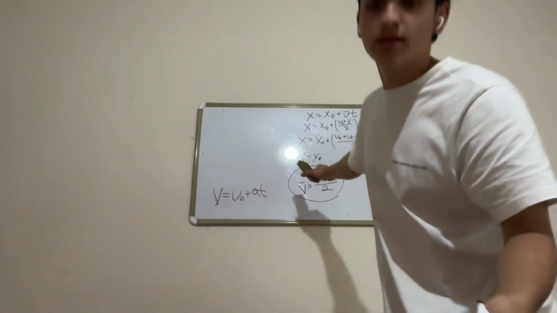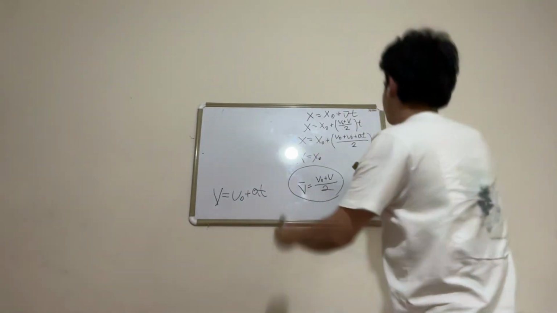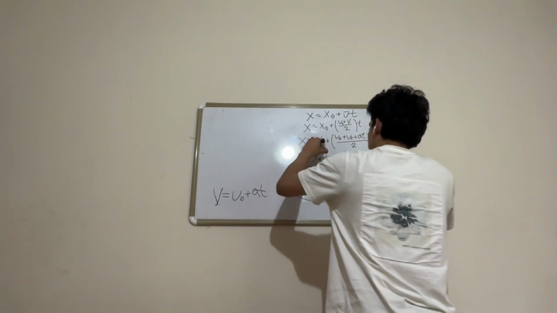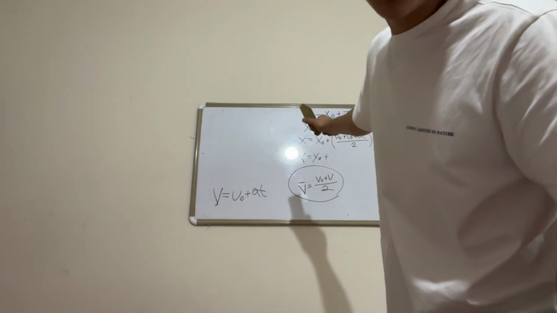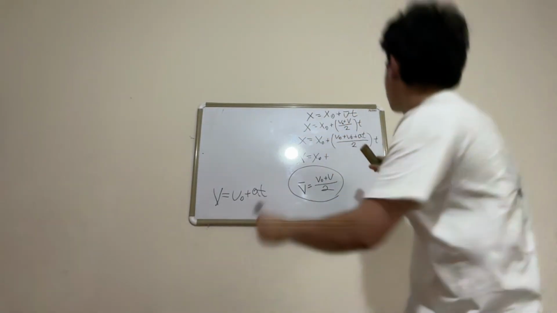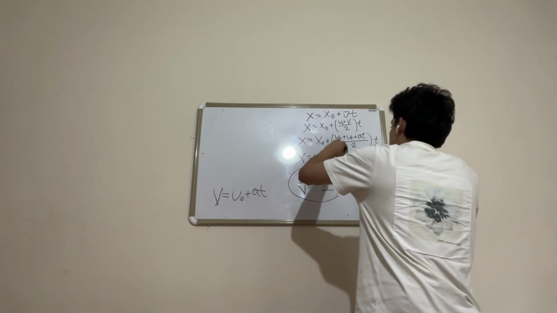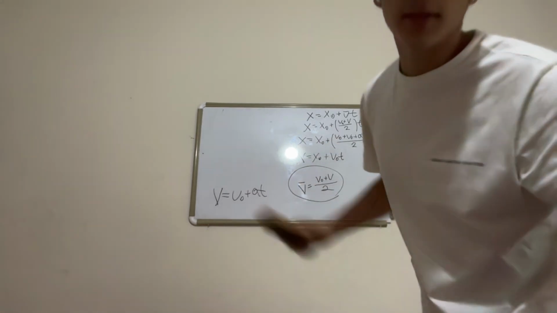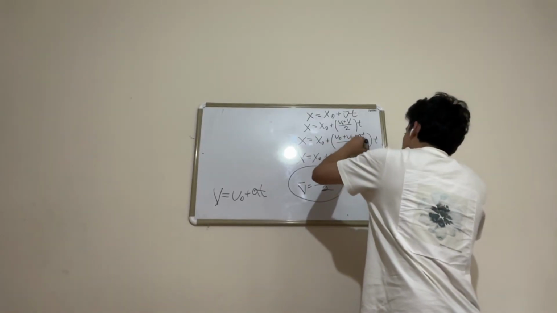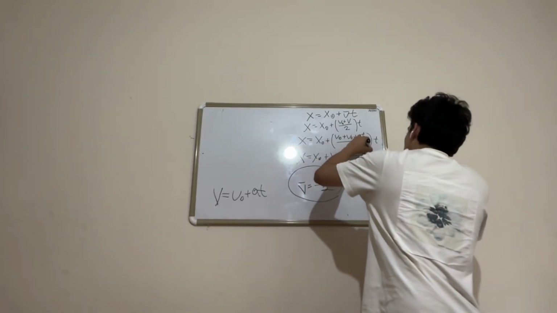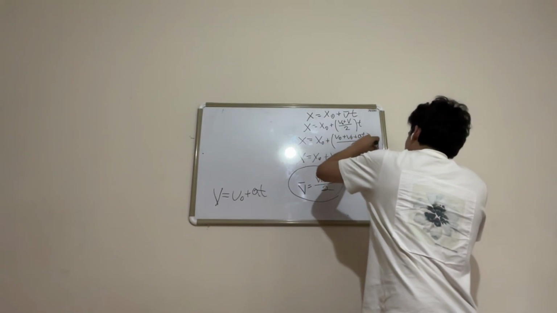We have this, and then we will have the initial velocity times time, and then plus half of acceleration times time squared.